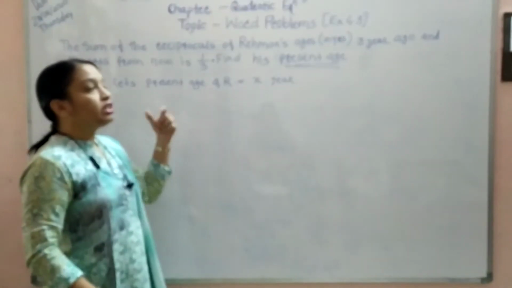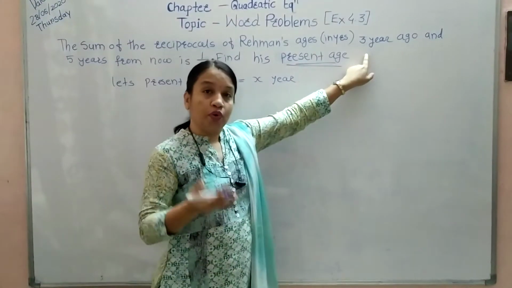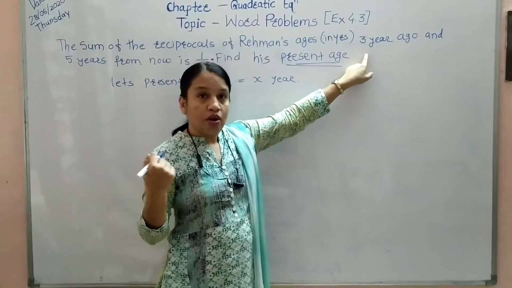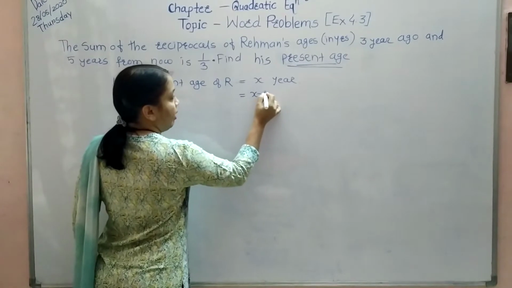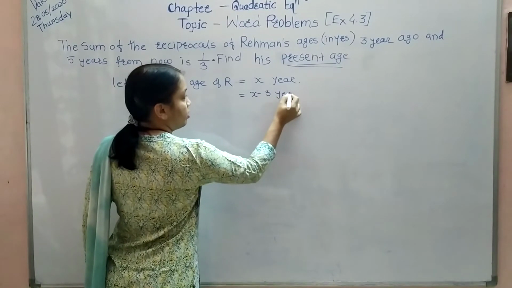Now what was the age of Rahman 3 years ago? That means x minus 3, obviously. Therefore, let the age 3 years ago be x minus 3 years.